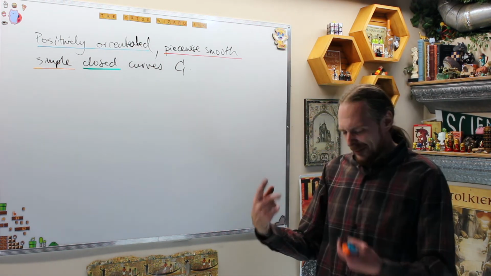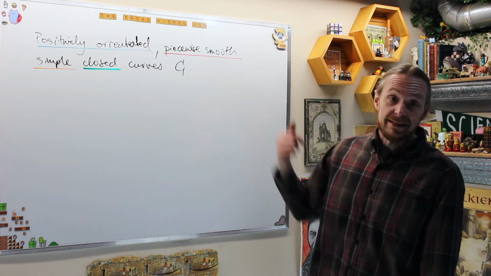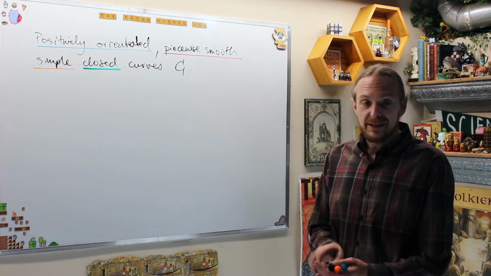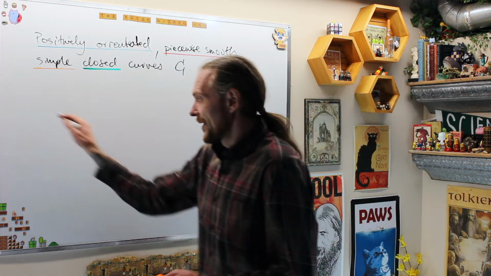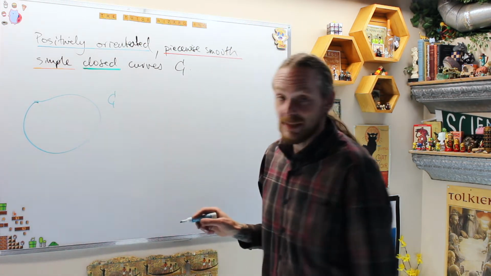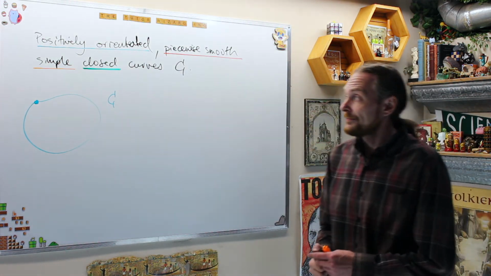The other three, hopefully I or someone else talked about these at some point when we talked about a parameterization of a curve. Closed is going to be the easiest one. Let's draw one. There, that means I have a closed curve C, which means the initial point and the terminal point are the same along the way.